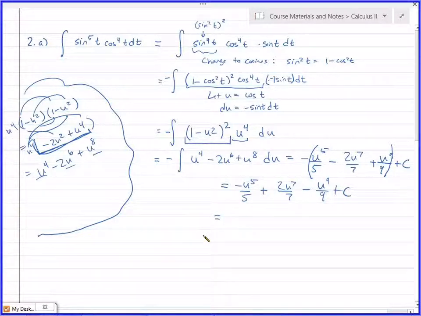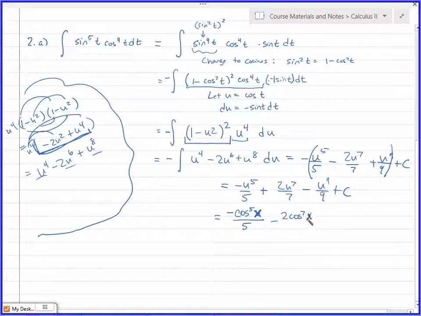But now you've got to plug back in your u. Negative. And what was u? Cosine. So cosine to the 5th of x over 5 minus 2 cosine to the 7th of x.